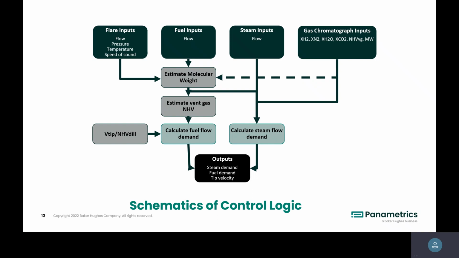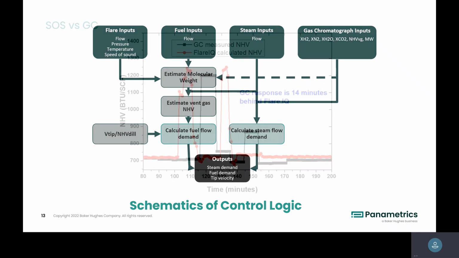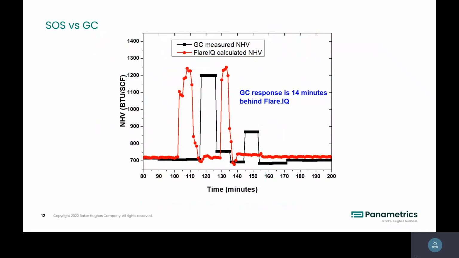But when you showed the slide on when the ladder logic got backed up because the GC takes samples every 7 to 15 minutes, you're still able to use the Flare.IQ model for process control.